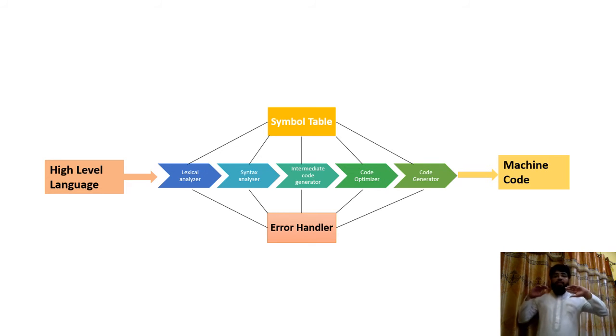Now these five features are connected, and when a user enters or writes some code in a high-level language, these features work sequentially.